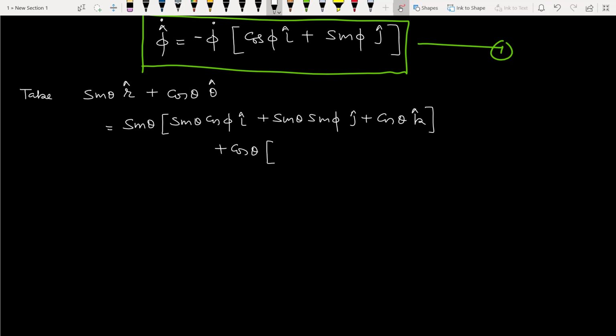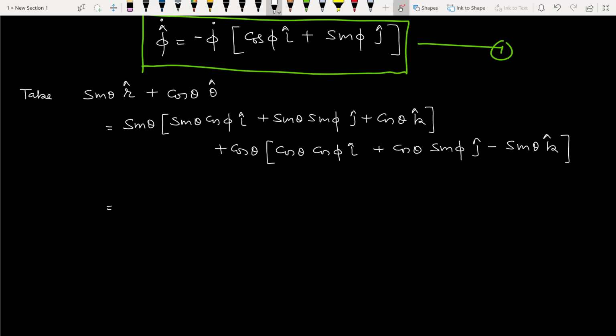Value of theta cap is cos theta cos phi i cap plus cos theta sin phi j cap minus sin theta k cap.